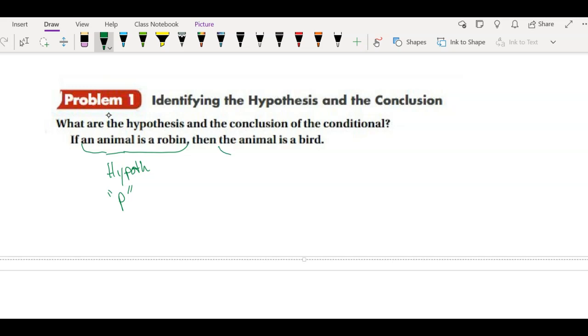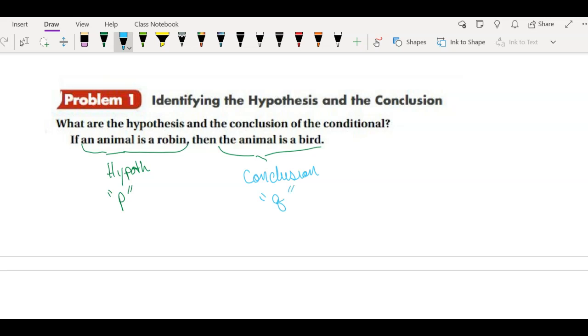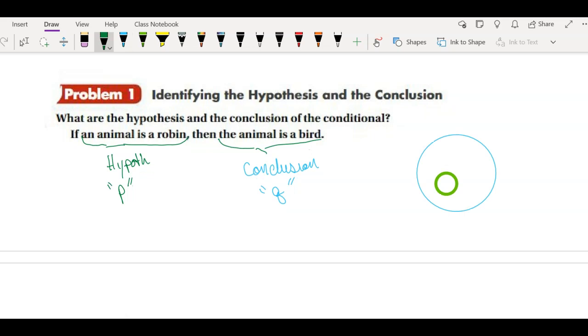Our conclusion is then the animal is a bird. That's also referred to as part Q. We could also look at this as a Venn diagram where the hypothesis, the animal is a robin, then the animal is a bird. So robin would be one subset of all of the possibilities.